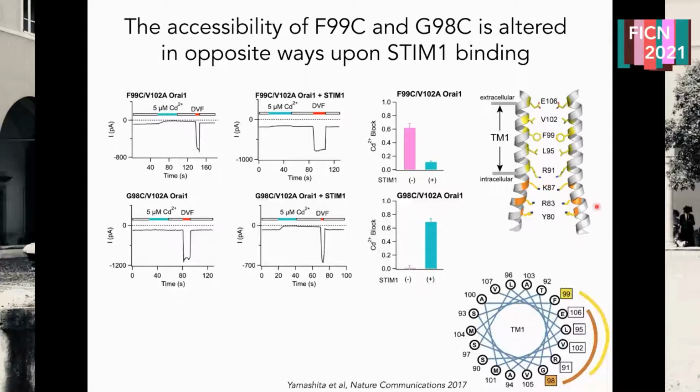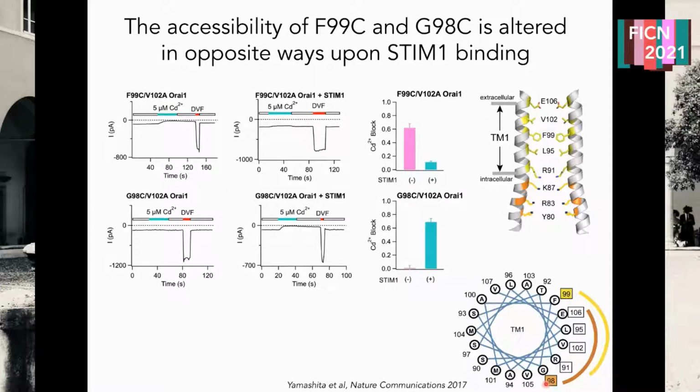So in essence, what was happening is that the pore lining residues were changing from the bar that is shown in yellow over here, which includes 99 in the closed state of the channel, but excludes 98, to the bar that is shown in orange, that now excludes 99, but includes 98 in the open channel.